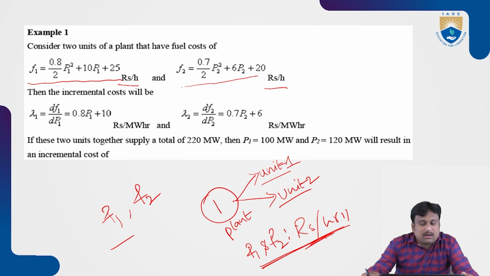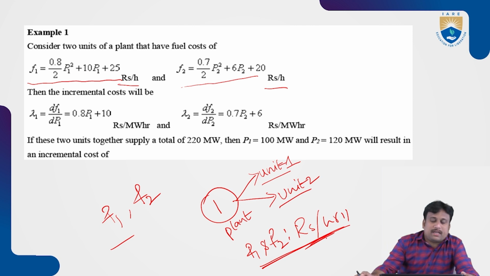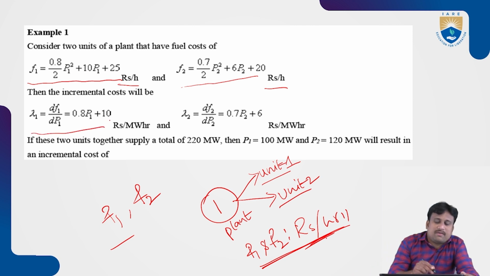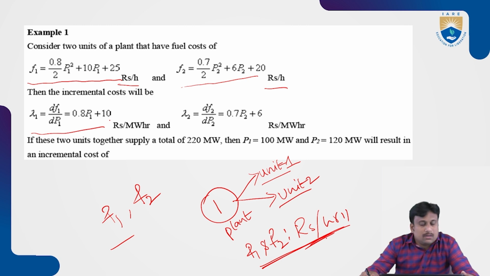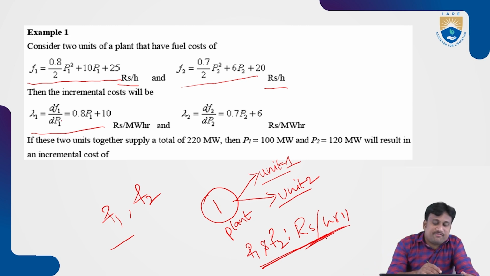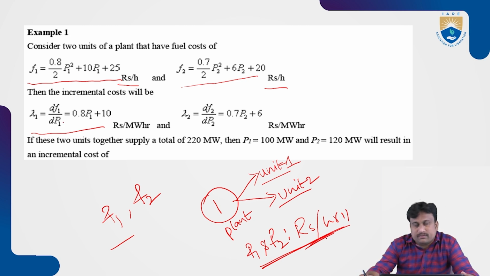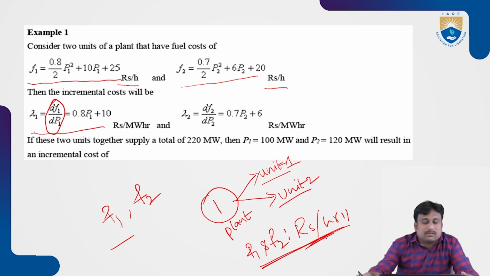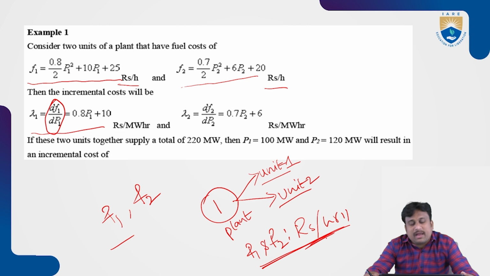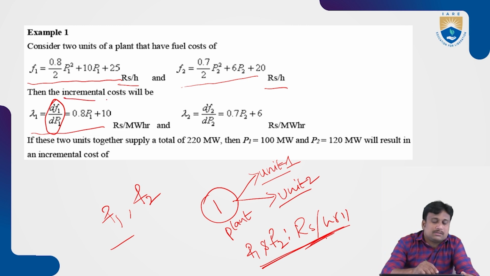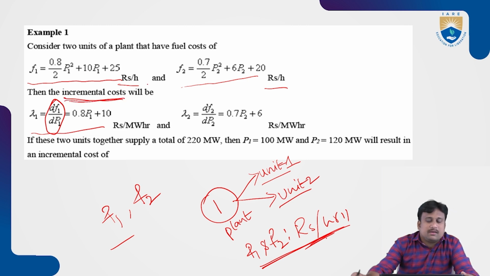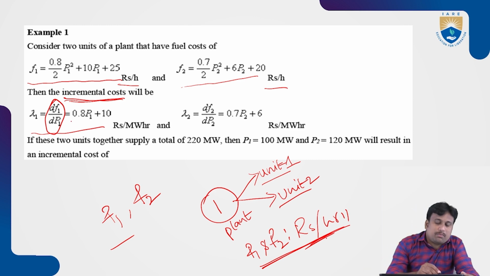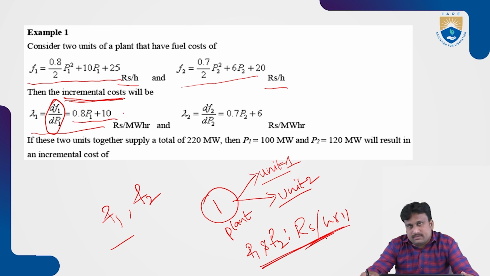Then the incremental cost is given in terms of lambda 1. So lambda 1 equals df1 by dp1. The df1 by dp1 means incremental cost, which is 0.8 P1 plus 10.